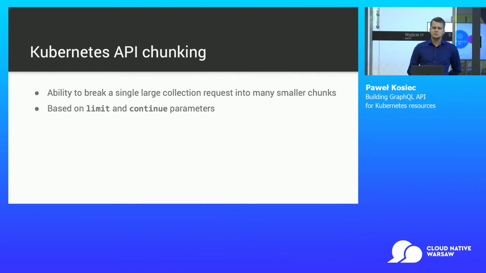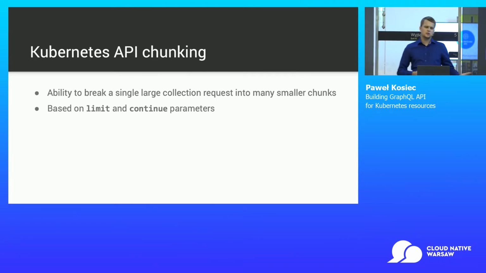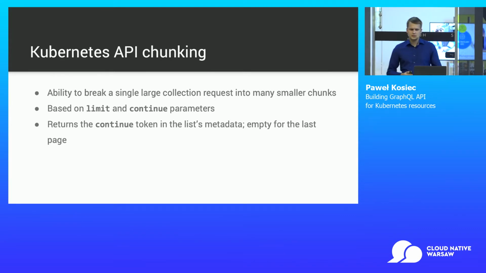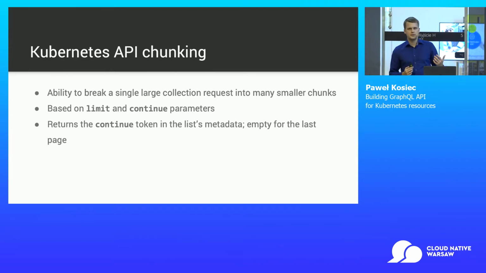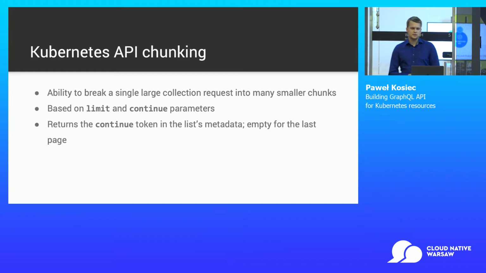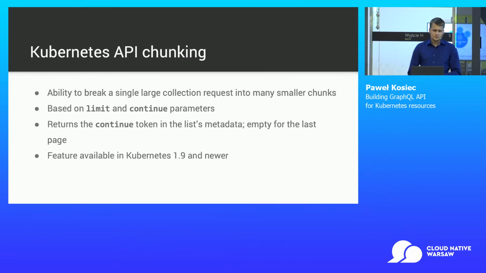It's based on two parameters: limit and continue. When you use it, it will return a continue token to continue the pagination, going through those objects. This feature is available in Kubernetes 1.9 and newer.